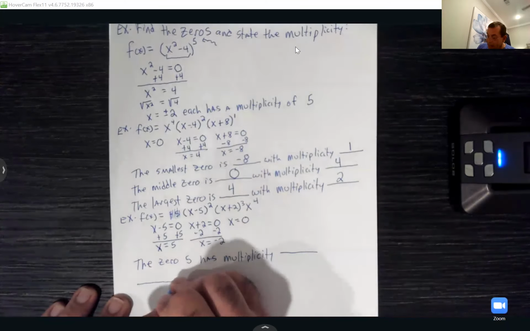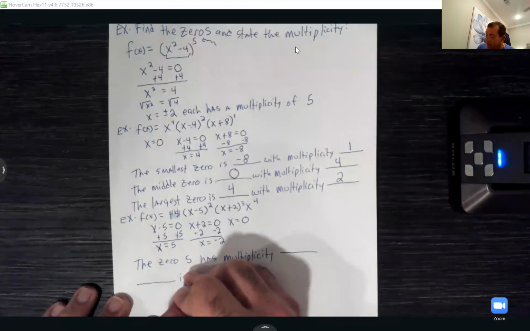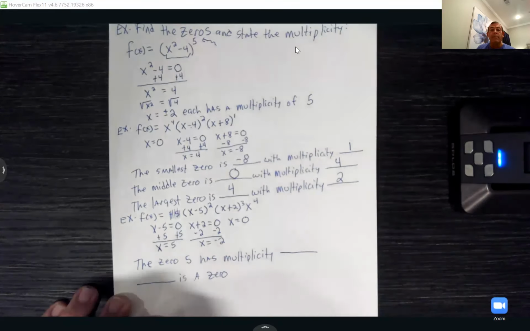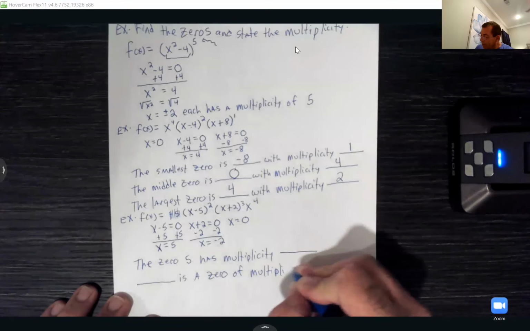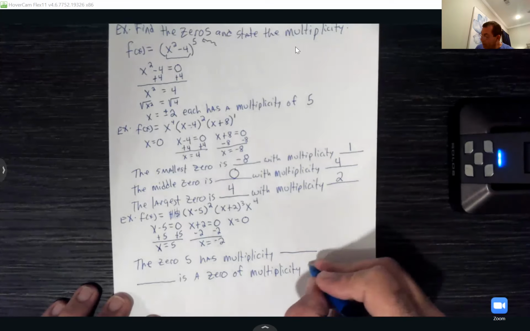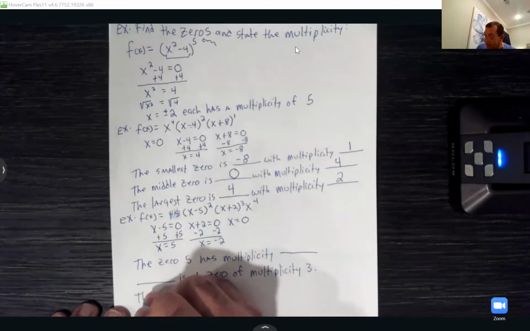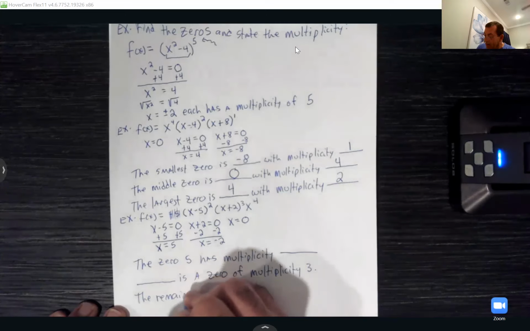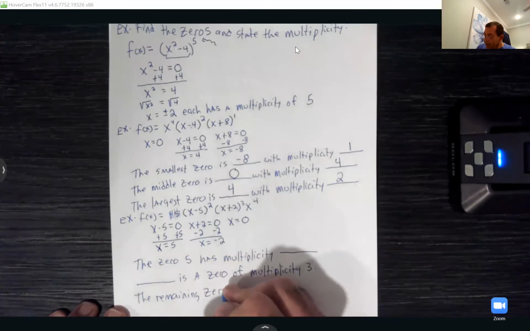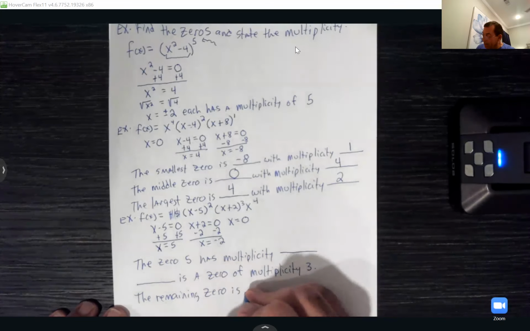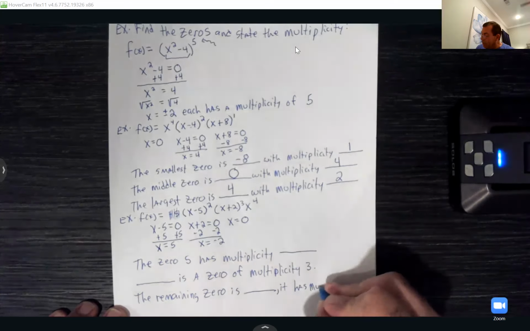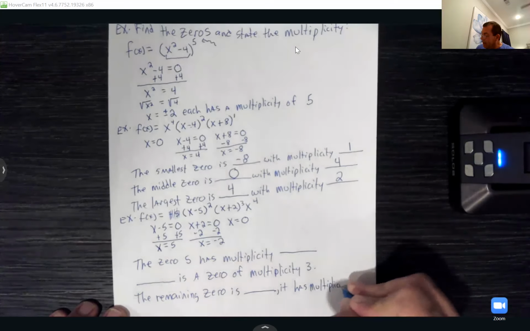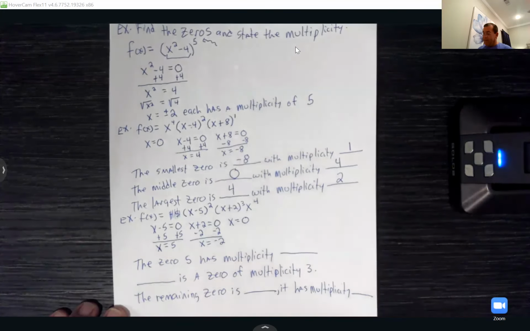Then it says blank is a 0 of multiplicity 3. And then it says the remaining 0 is blank. It has multiplicity blank.